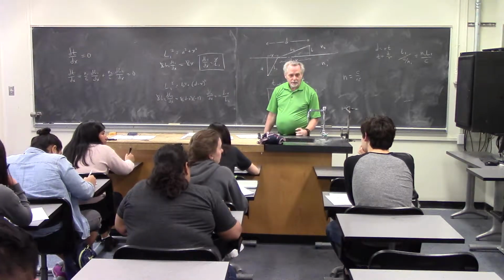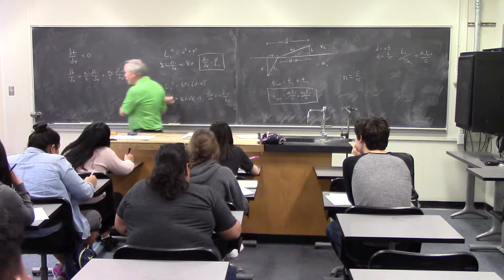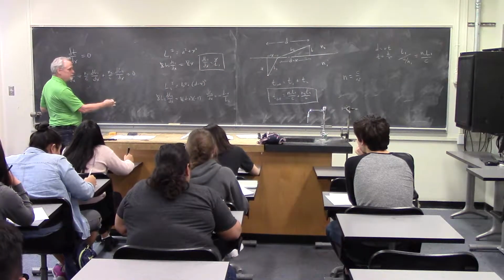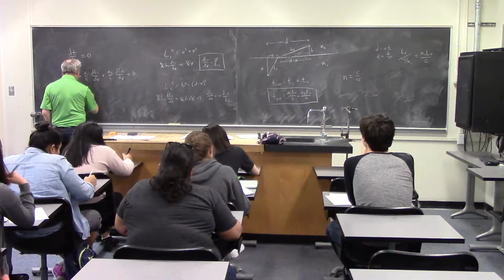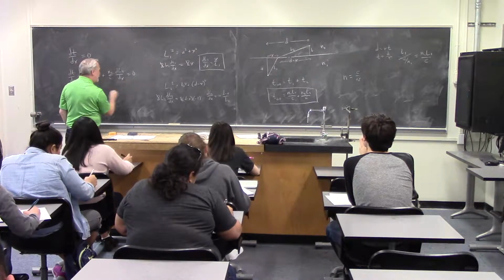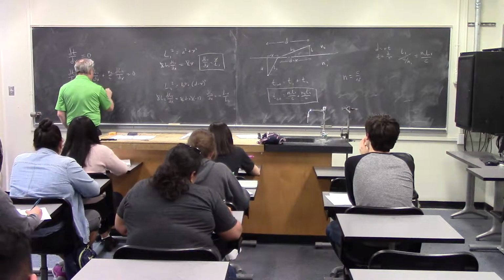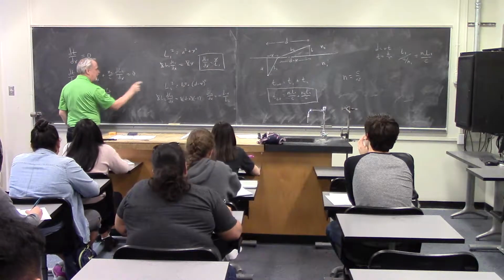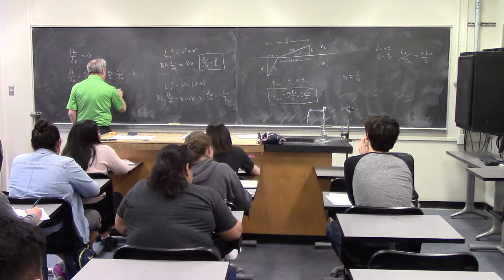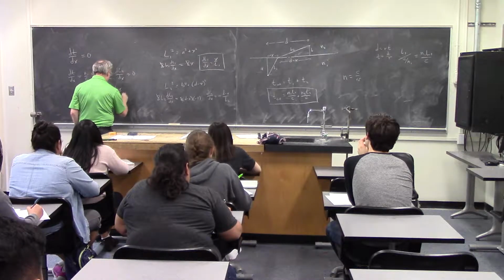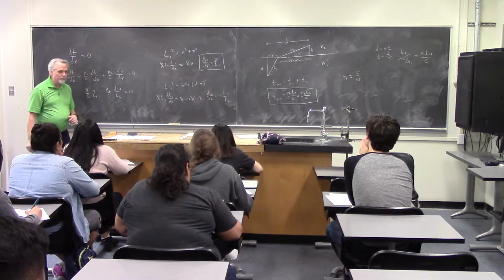All right. So now I come back to this part and I say I have n1 over c times x over L1, minus n2 over c times (d minus x) over L2.